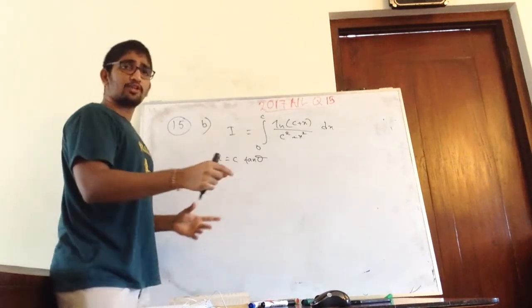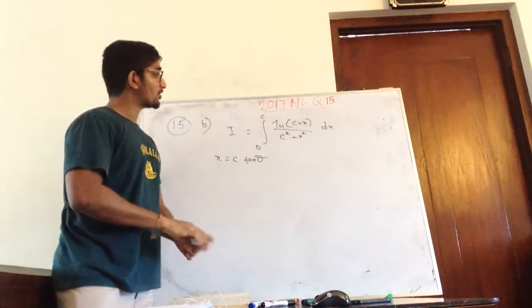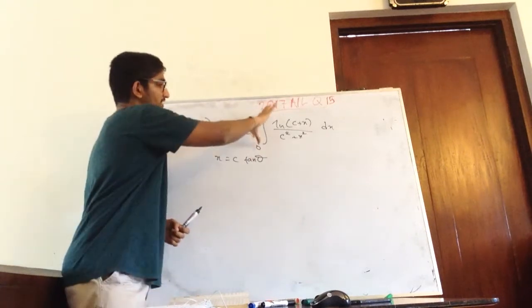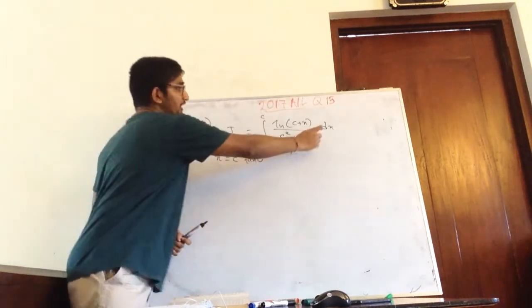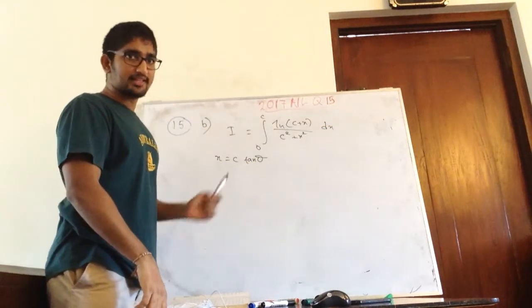So now when you are using a substitution, you have to do several things. First of all, you need to change the limits, and then you need to change this as well in terms of the variable.